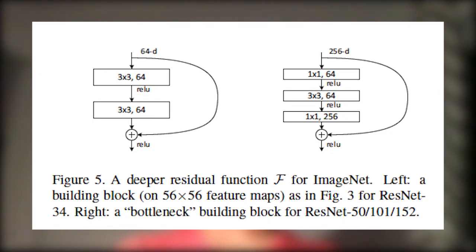This actually makes it a lot more computationally efficient, allowing for much deeper networks, since we're not wasting all of our computational power on a couple layers. So it allows for much deeper networks, which is always better. The deeper the network, the more features are extracted.